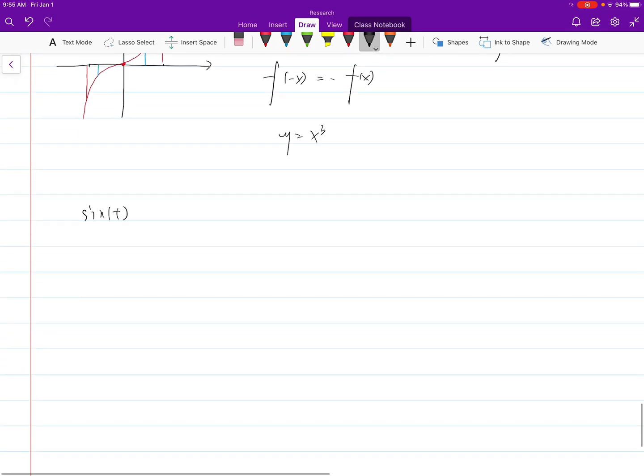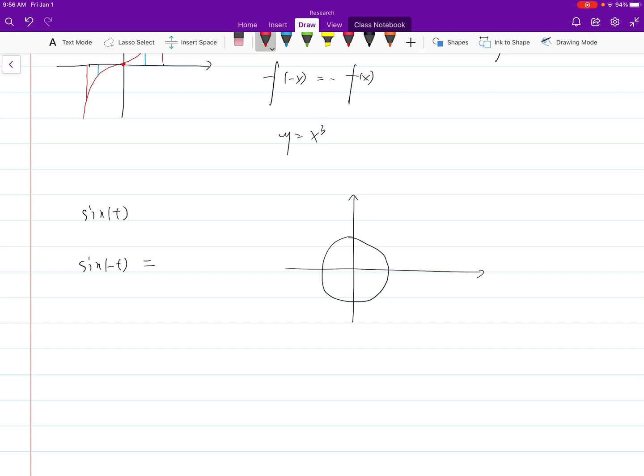Number one, of course, let's try to see sine t. Now all you need to do is check sine of negative t and see what that thing equals. We can do this by doing the graph. Just draw some random t. Where is negative t? You go equal distance, then you can see these two share the same length here.